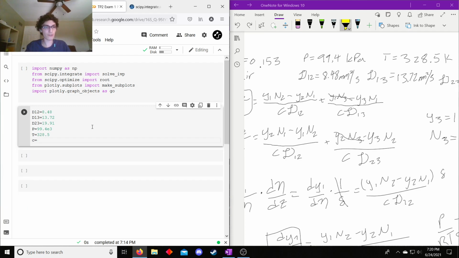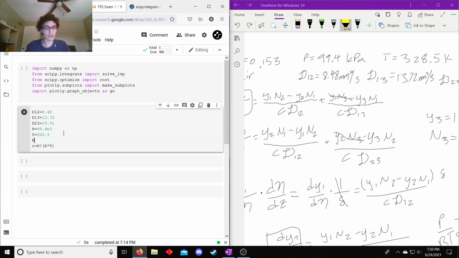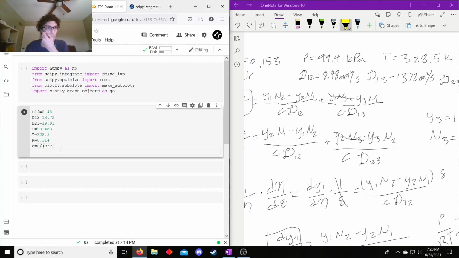So we know that concentration equals pressure divided by the gas constant times temperature. And actually, I'm going to go ahead and put in our gas constant, which is 8.314. And then we have delta, which equals 0.24 meters.